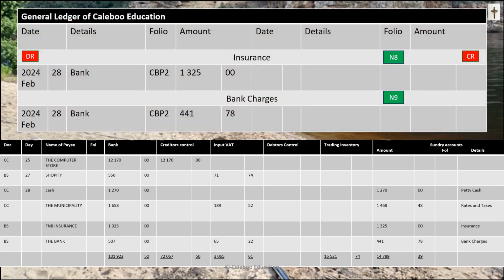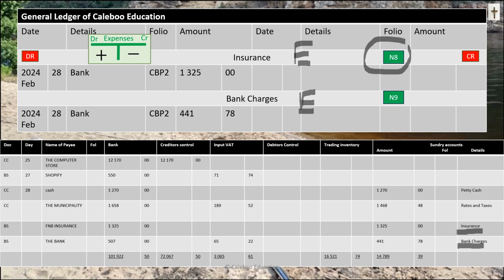Insurance and bank charges. In the journal, in the sundry column, there we have insurance and bank charges. That information needs to go to the general ledger. What are these accounts? They're expense accounts according to the definition of an expense. Just to recap, those are their references.